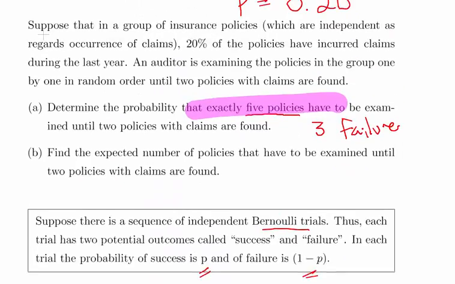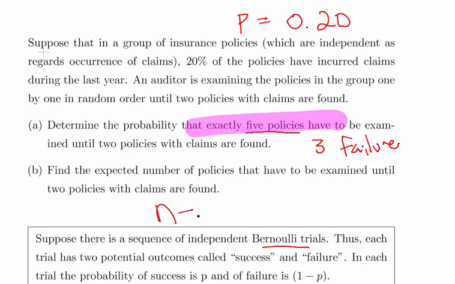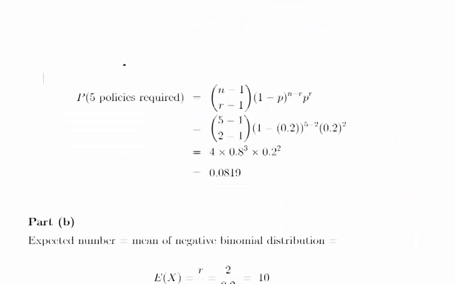So for this case, we're going to go with type 2. N is equal to 5, P is equal to 0.2, R is equal to 2, and that's pretty much everything we need. So we'll go with the type 2 formulation here.